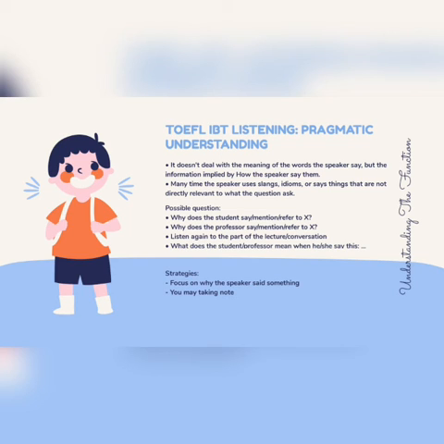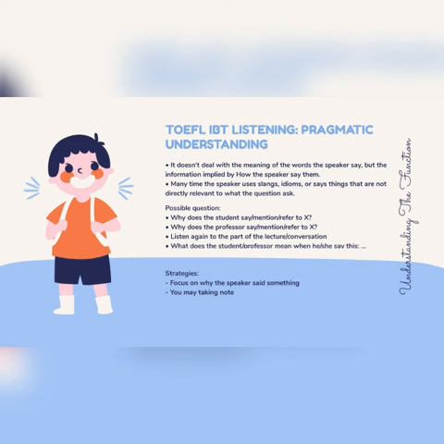Second, many times the speaker uses slang, idioms, or says things that are not directly relevant to what the question asks. So what are the possible questions in understanding the function? There are four types. The first one is, why does the student say, mention, or refer to X?